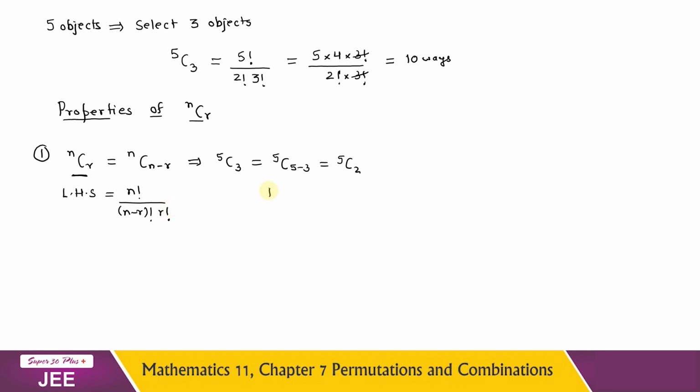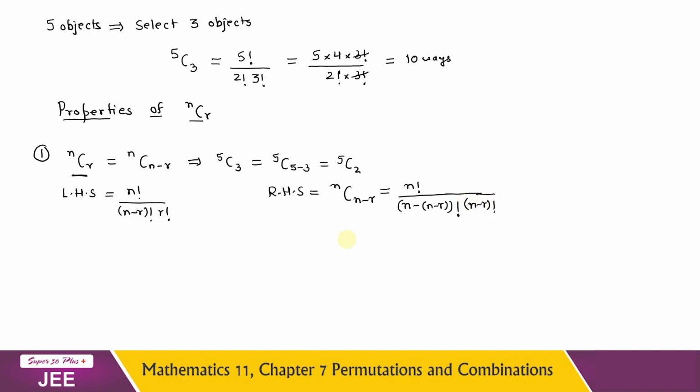And in RHS we have nC(n minus r). So again over here I am applying the formula of nCr. This can be written as n factorial over (n minus (n minus r)) whole factorial multiplied by (n minus r) factorial in the denominator itself.